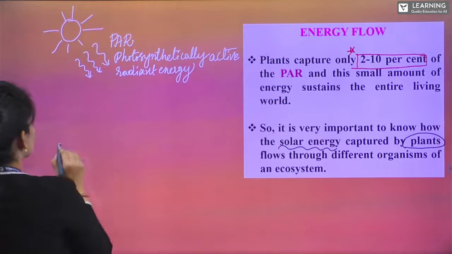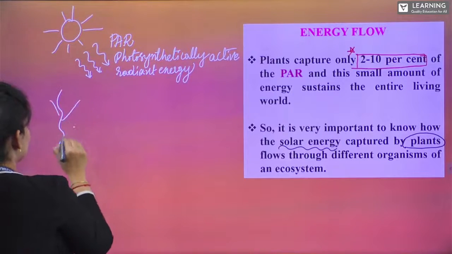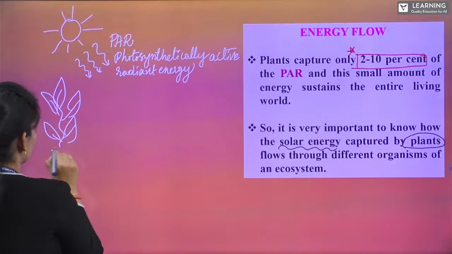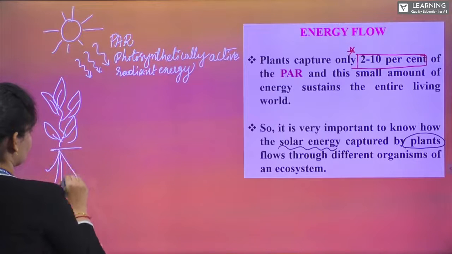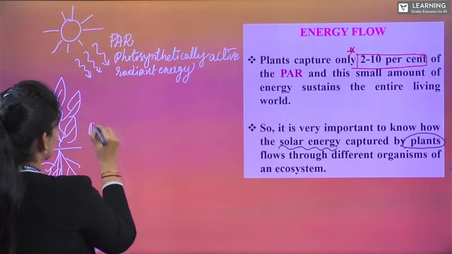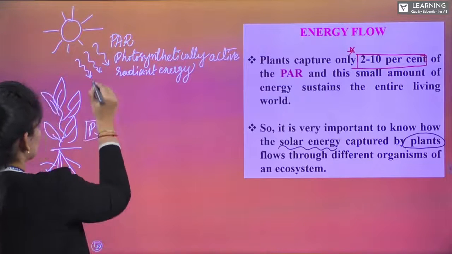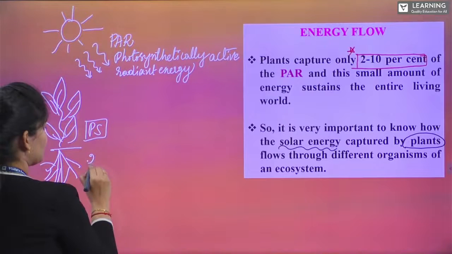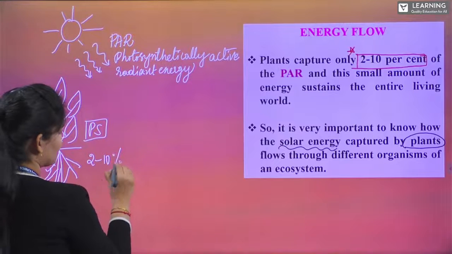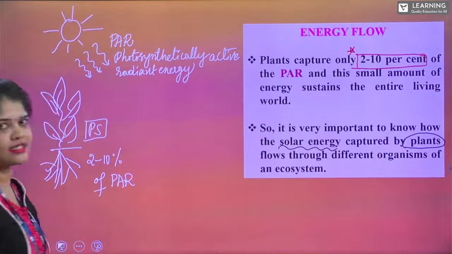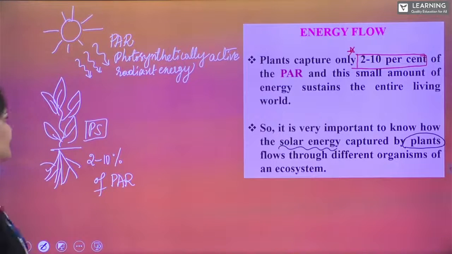Right? So here is a plant which performs photosynthesis. So it is capturing only 2 to 10% of photosynthetically active radiation.